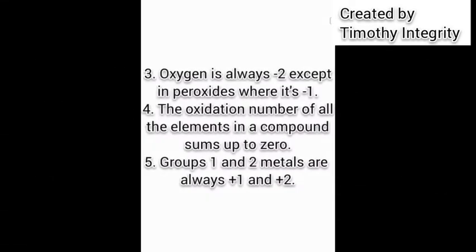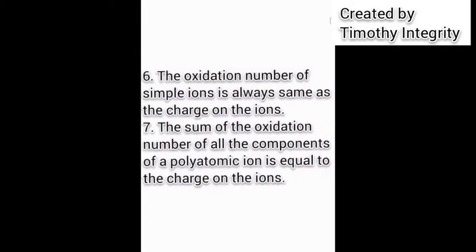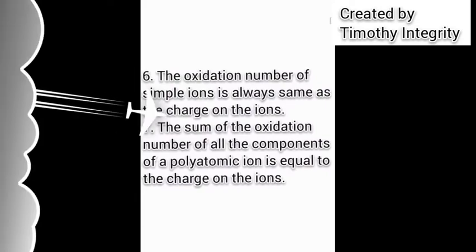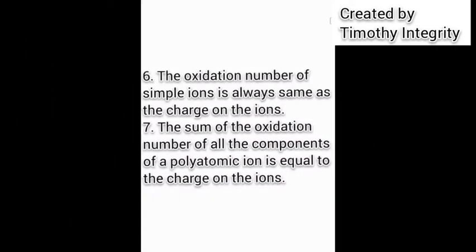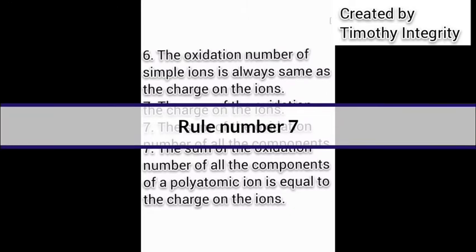The sixth rule states that the oxidation number of simple ions such as aluminum ion, copper 2 ion, calcium ion, sulfide ion is the same as the charge on the ions, such as +3, +2, +2, -2 respectively.